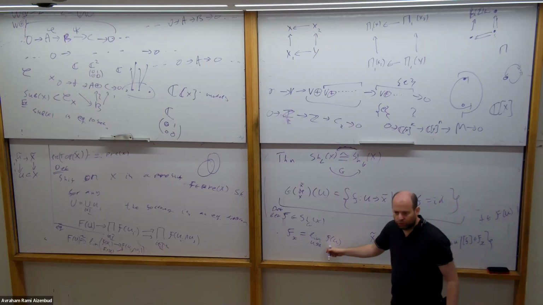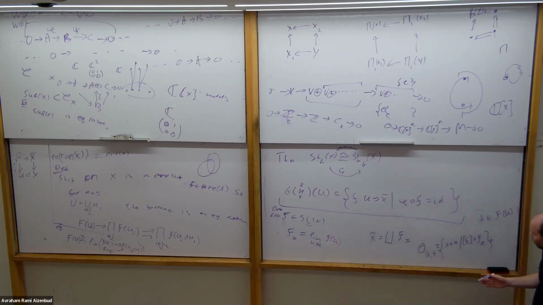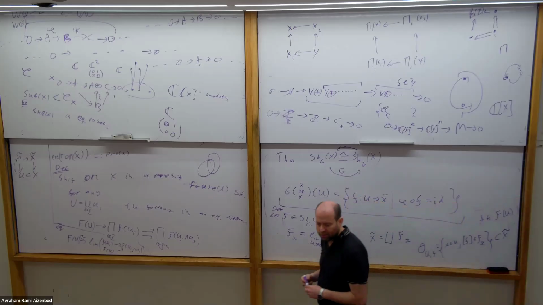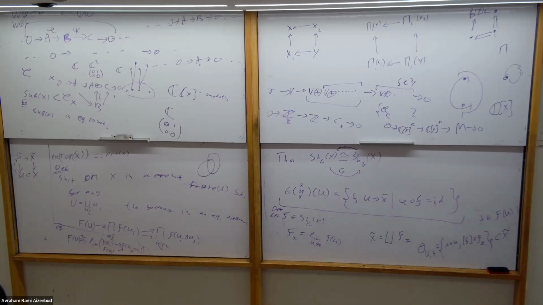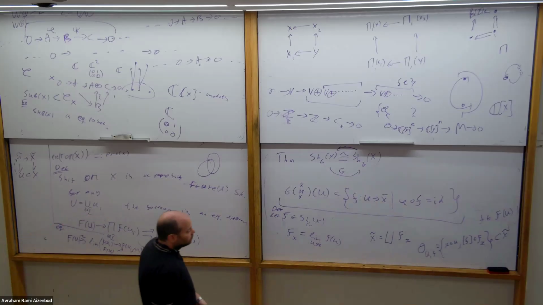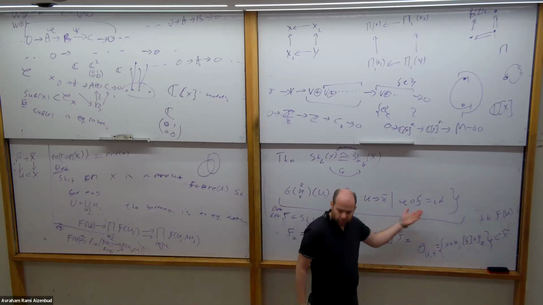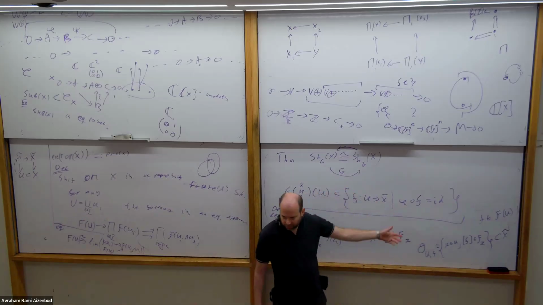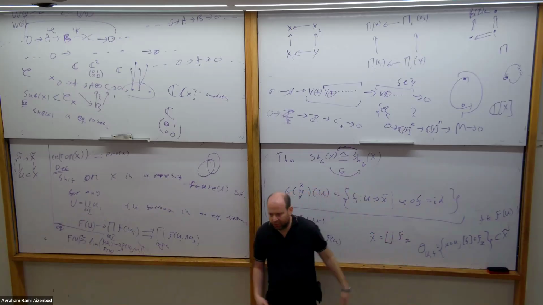So it will give you this limit, which will map to the class of F. We take this set, which is a subset in X tilde. We declare this set to be open, and then we take the topology generated. And this ensures that all the sections F are going to be continuous sections.